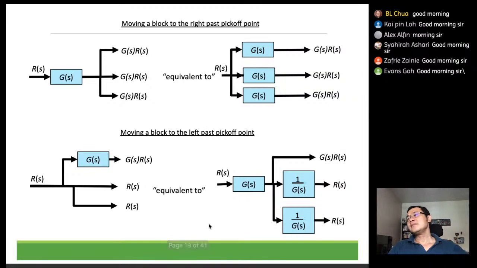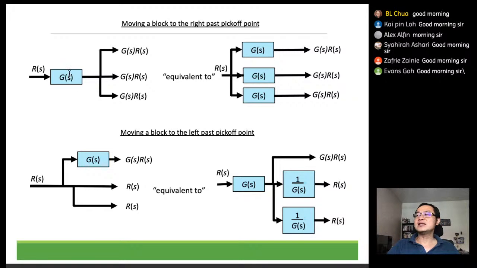Then we also have the relationships of moving the transfer function past a branch. What happens is that this R, after going through G, is very straightforward. We will get GR. This GR signal will be transferred to every single branch.